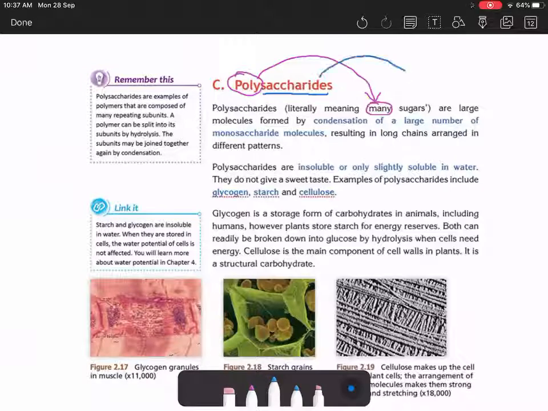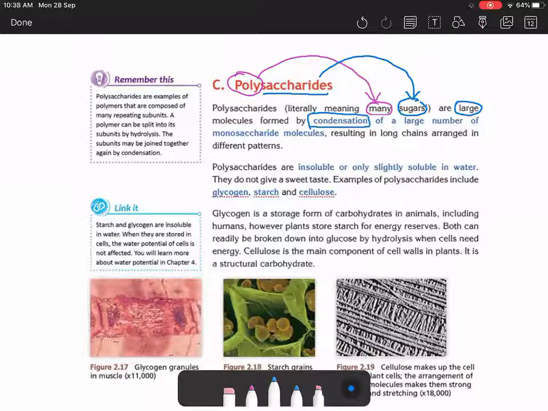Saccharide means sugar. So polysaccharides means many sugars together. And since there are many, the size is very large. How do they form? Again, you make larger molecules. It's done by condensation.